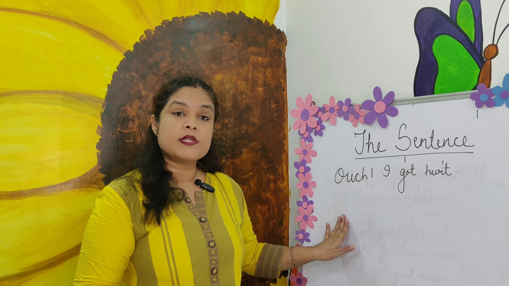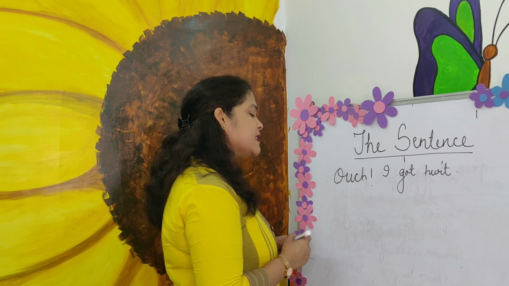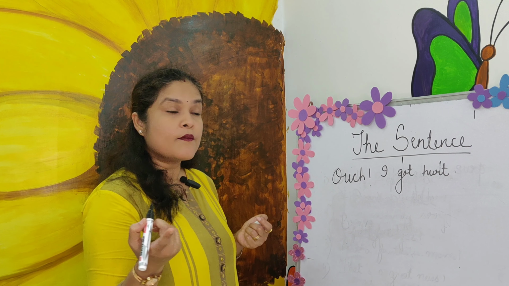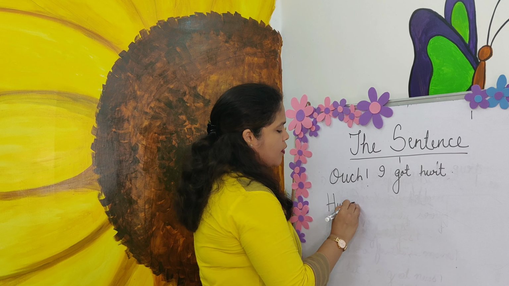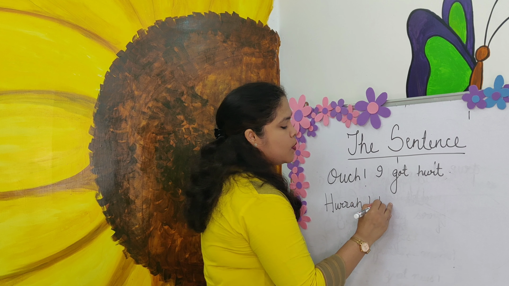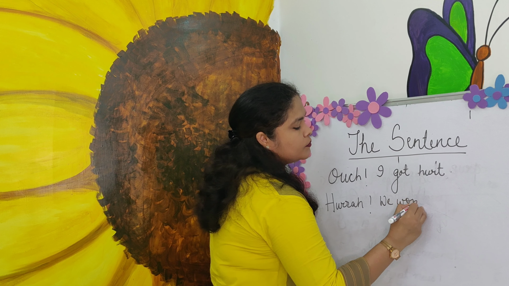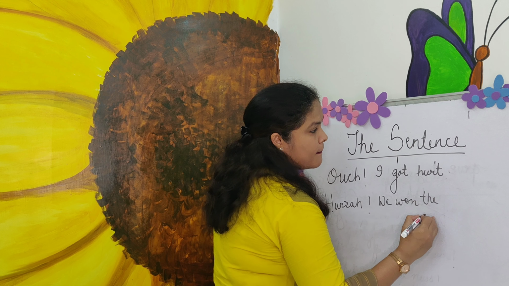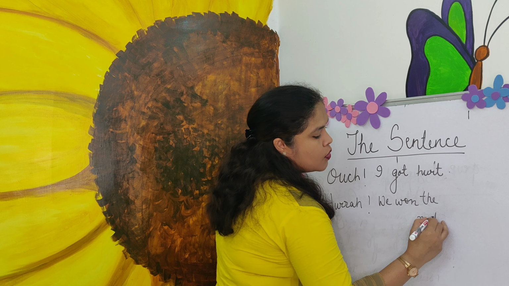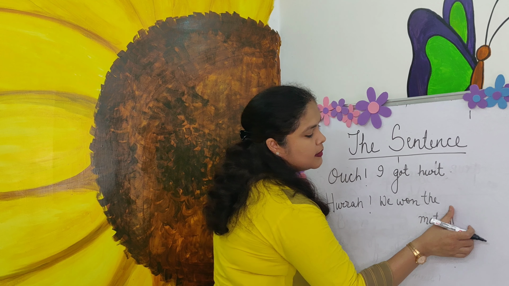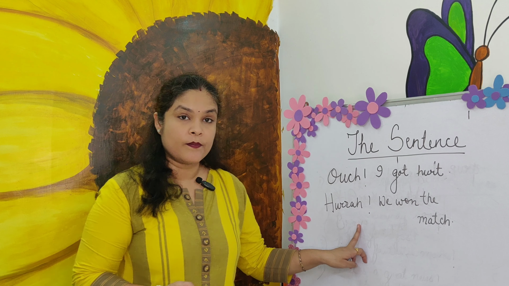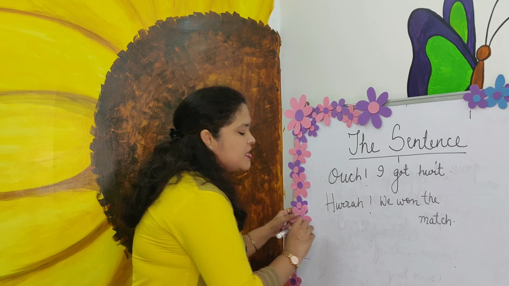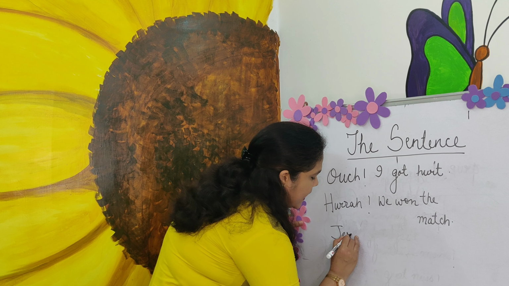So these are the words that we are using. For example, let's do a few more. Hooray! We won the match. So the exclamation mark is here, right? Jeez! I got scared.